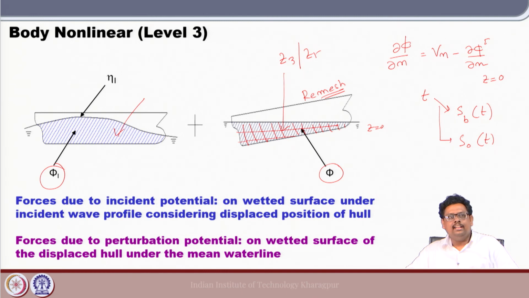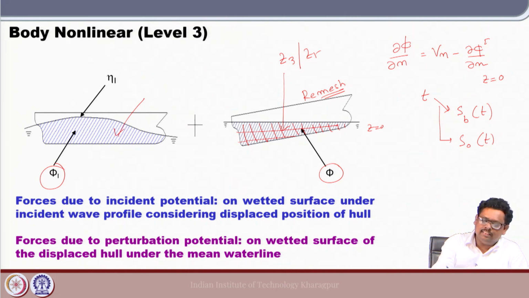Now, frankly speaking, this body nonlinear or level 3 is not very popular and not very consistent also, and people normally do not use level 3 as such, because it is a complicated thing. It does not have any solid mathematical background. Till level 1 I have the solid mathematical background, but from level 2 onwards we do not.